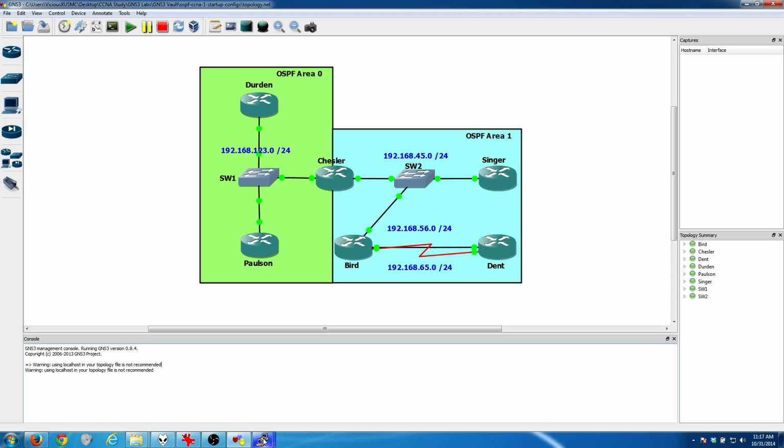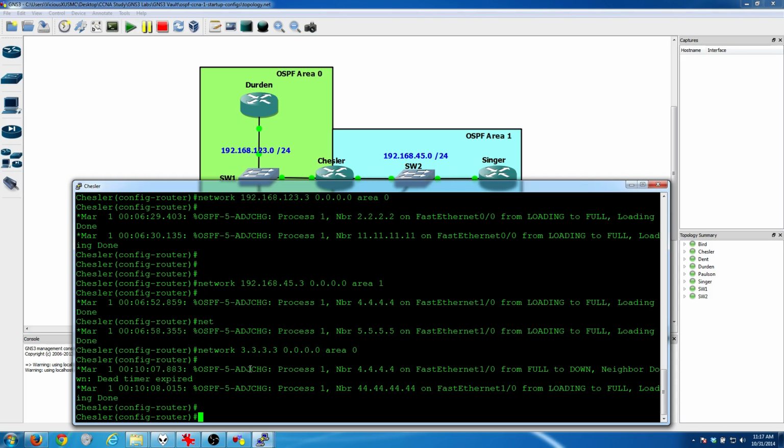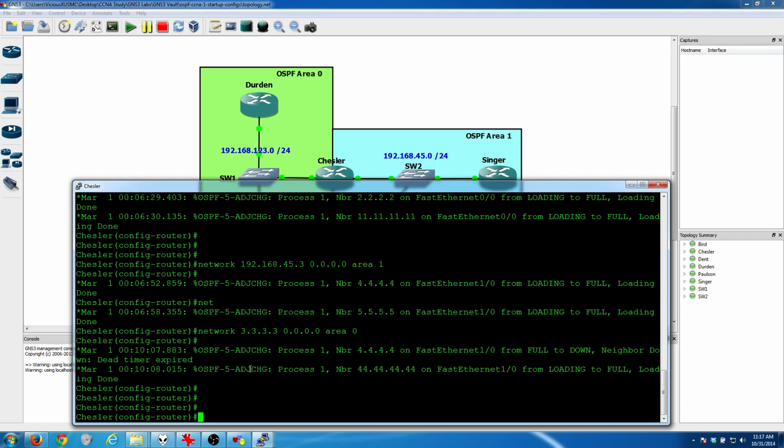Now let's go ahead and go into Chesler. I told you it goes off of priority and then by router ID. Those are the first two fields determining whether this is going to be the designated router. I don't want to change the router ID to win that election, so I'll change the priority instead.